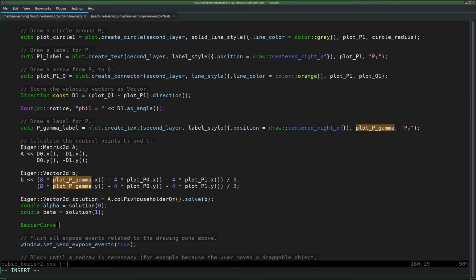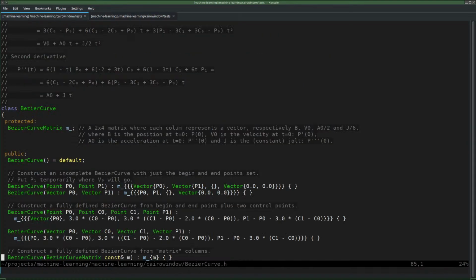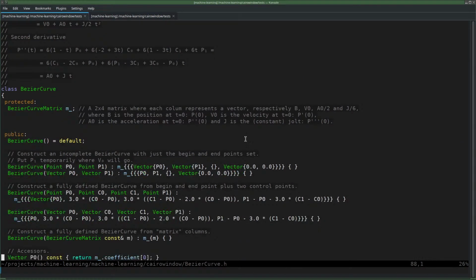Yep, it's green. Bezier curve. Nah. Stuff, which is constructed from these things.